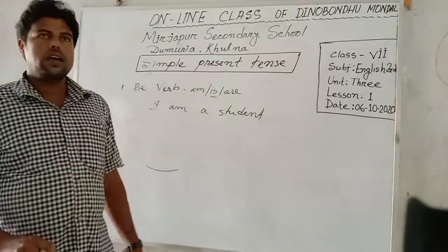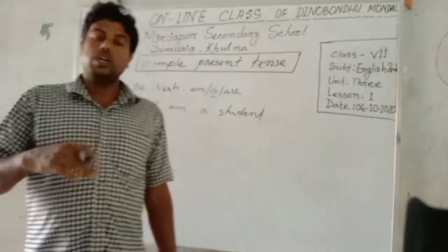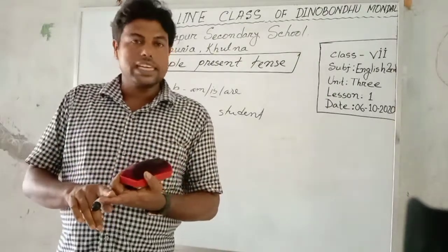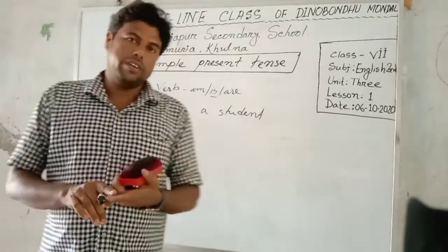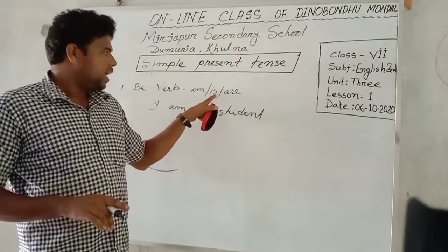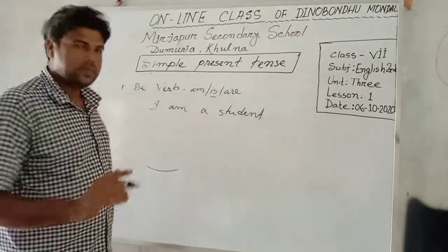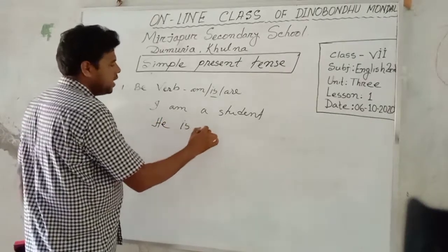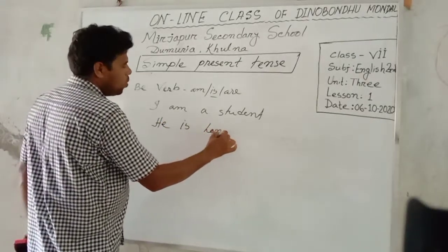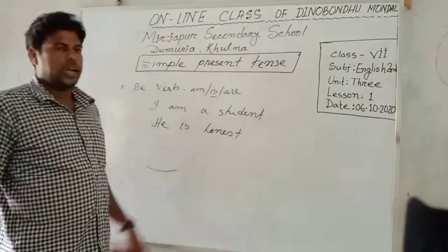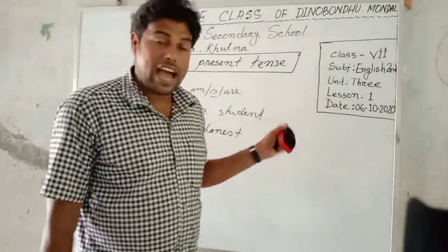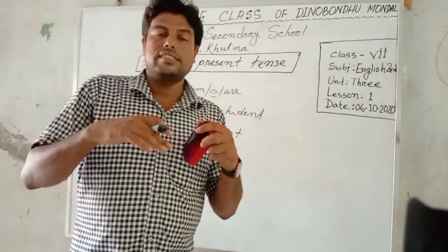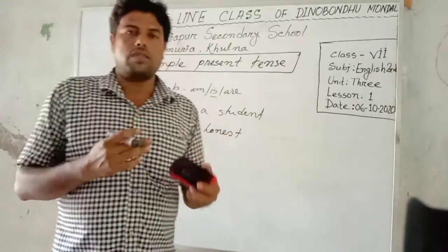Is, when the subject is third person singular, then we use is. That means he is honest. And are is used with you and plural forms.